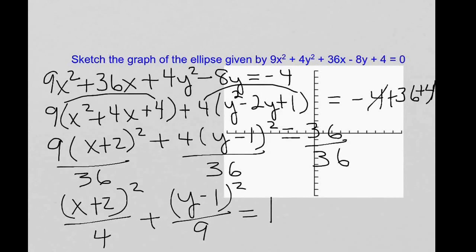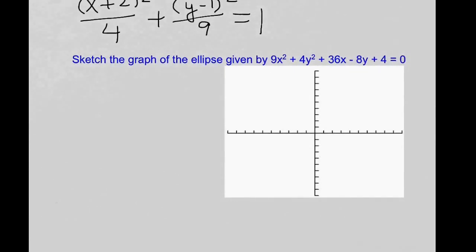There's the standard form. I now need to find all the information that I need to graph. We know that this is a vertical ellipse because the larger number is underneath the y. It's going to be easy to find points.